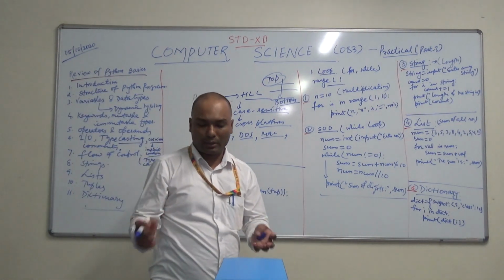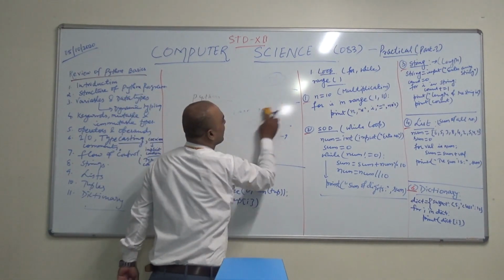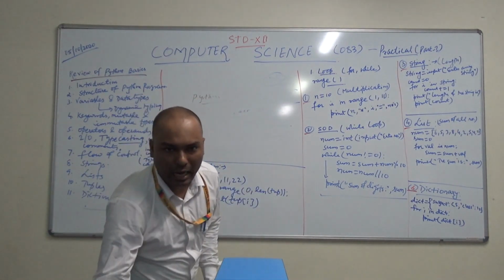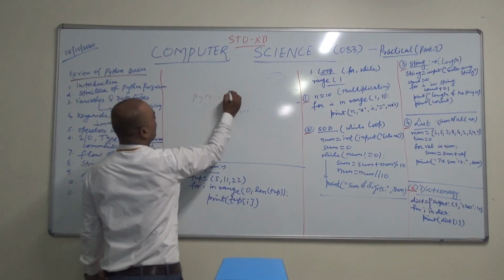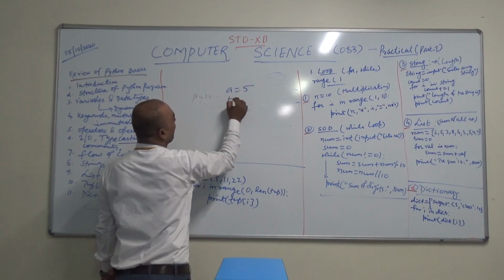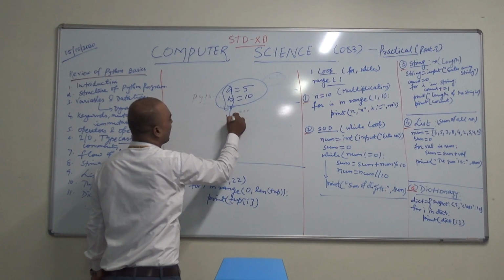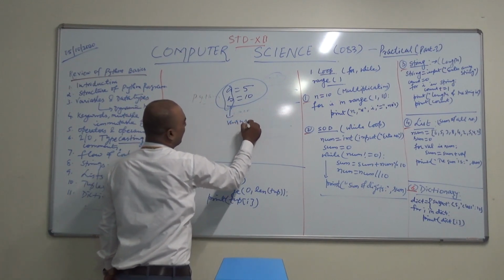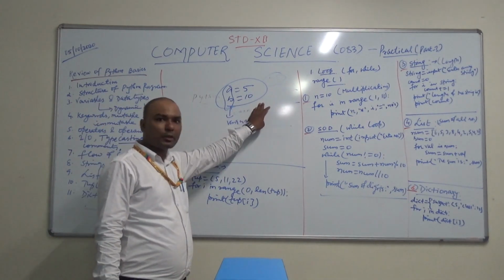What are variables? Variables hold the values that are used when we run any program or application. Suppose we are performing the sum of two numbers, that means a equals 5 and b equals 10. So these a and b are known as variables. But here we have already stored the values, that means these are constant values.